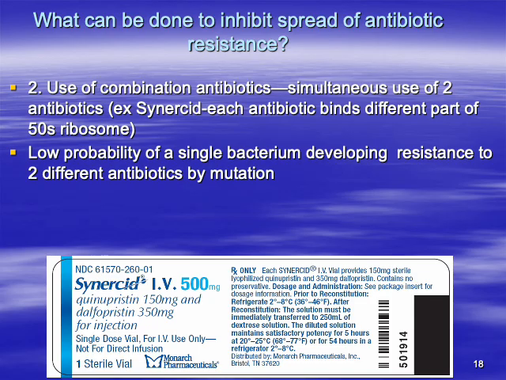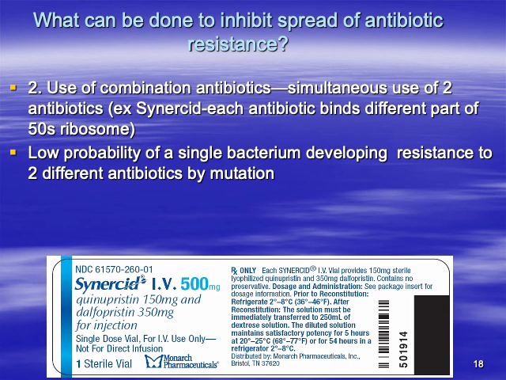Why? Well, there are two things in it. There's a pretty low probability that a single bacterium will develop resistance to two different antibiotics by mutation. A bacterium spontaneously having one mutation that leads to resistance to one of those streptogramins is pretty rare, but it happens.